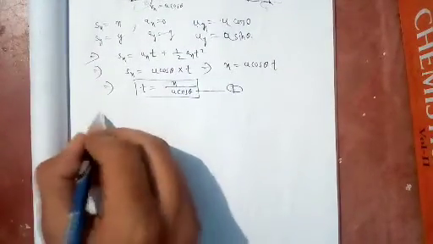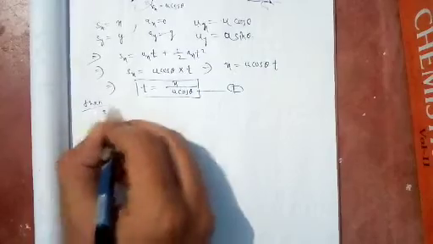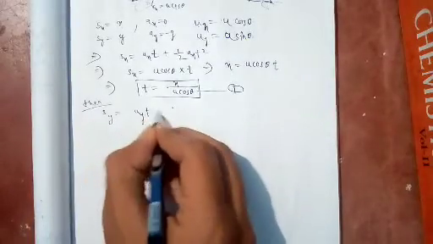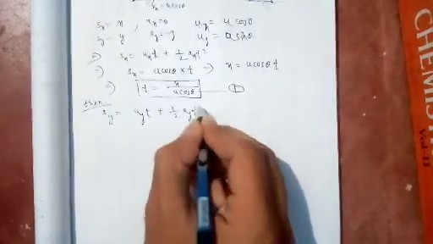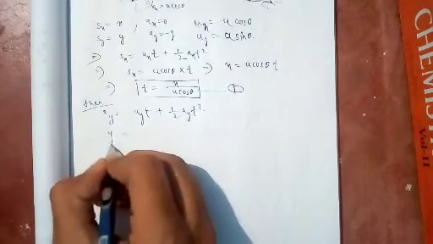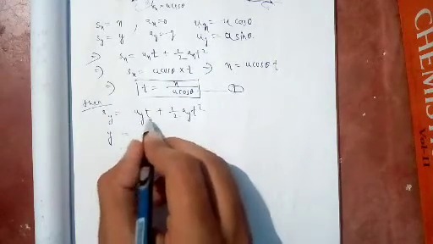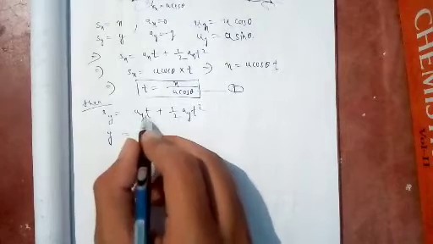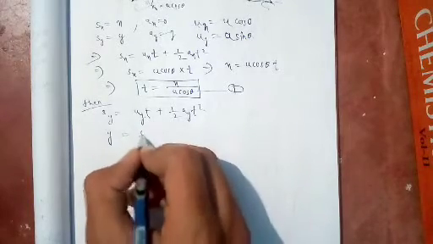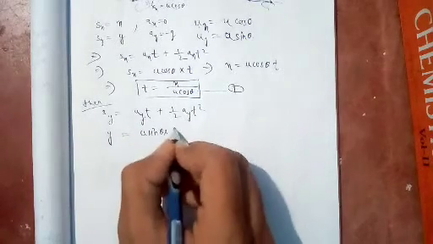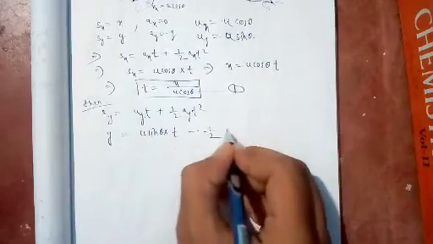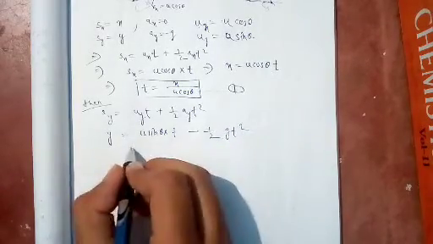Then sy is equal to uy t plus half ay t square. Then y is equal to u sin theta into t minus half g t square.